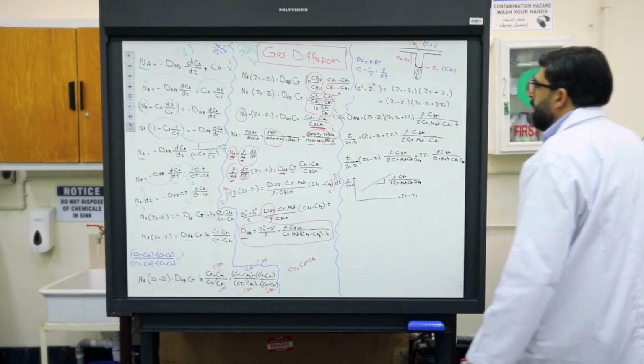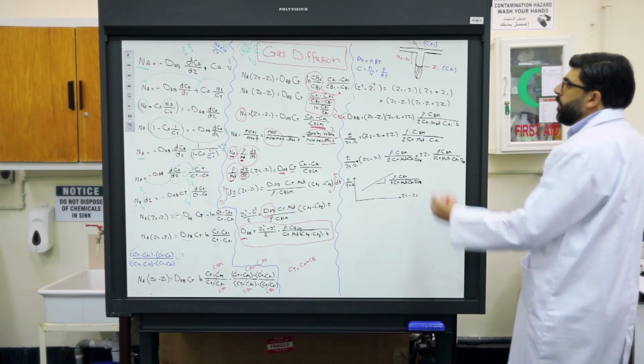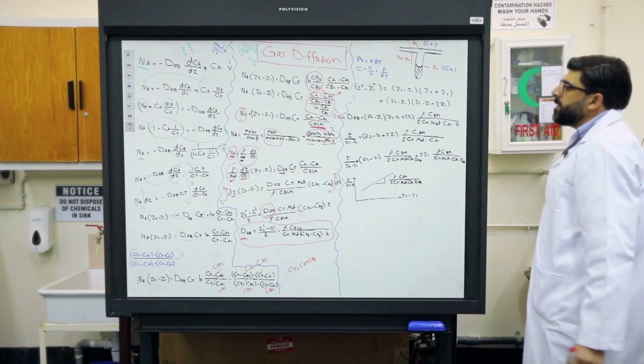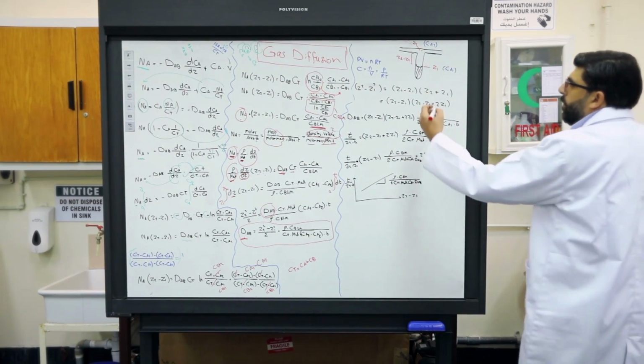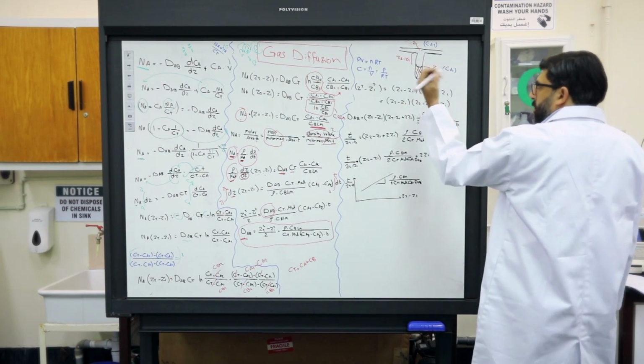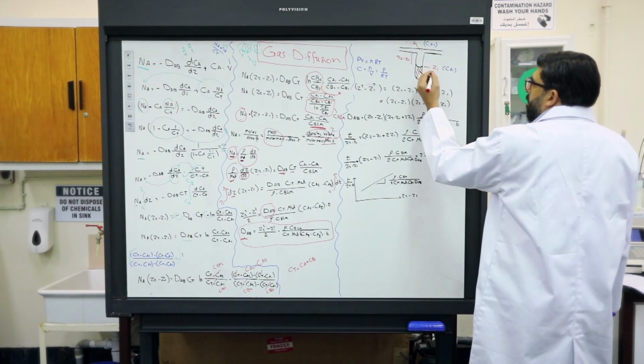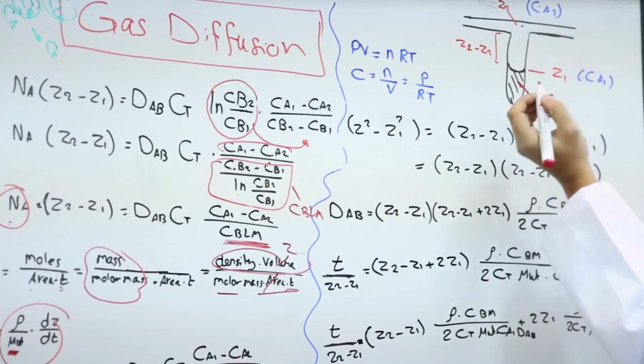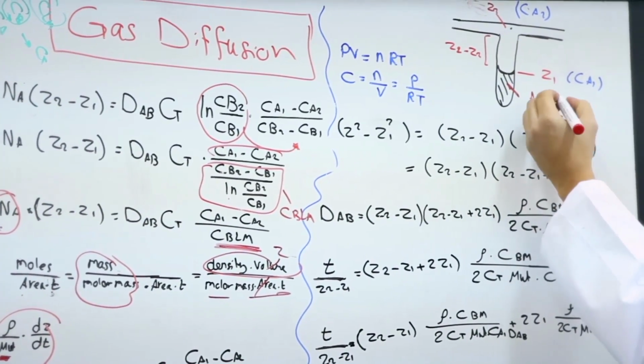How come? Okay, now we have this tube. Suppose that we have acetone, but you can use any other compound or organic liquid you want to test its diffusivity.